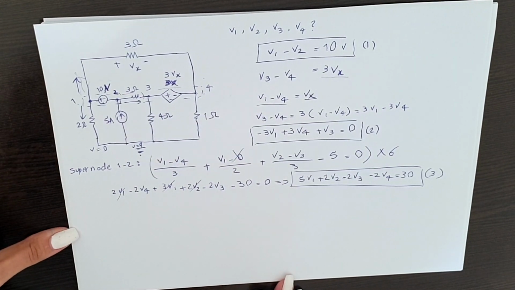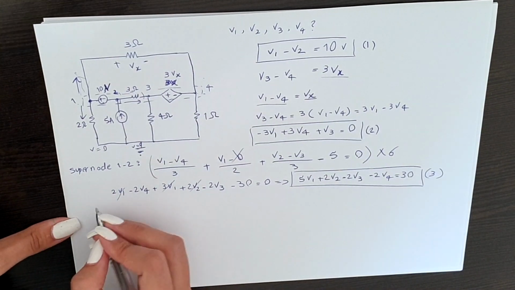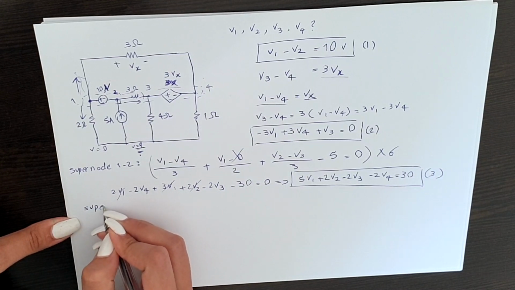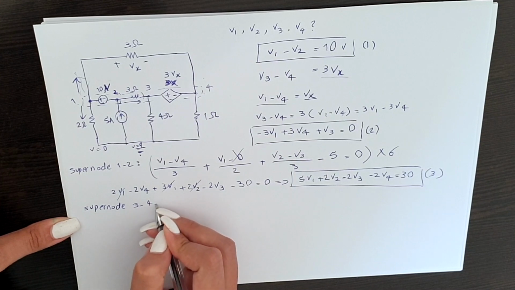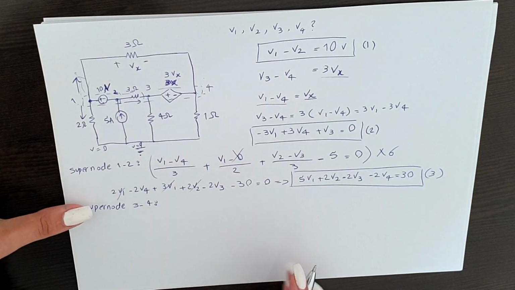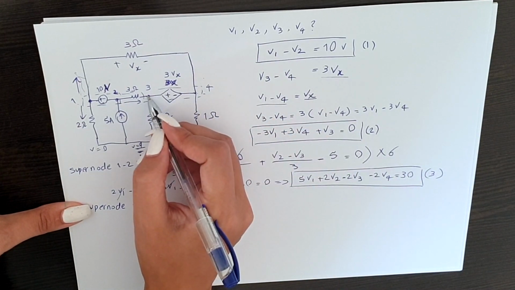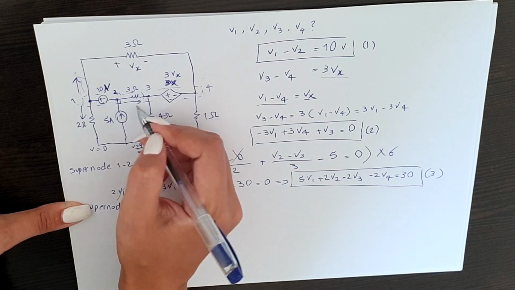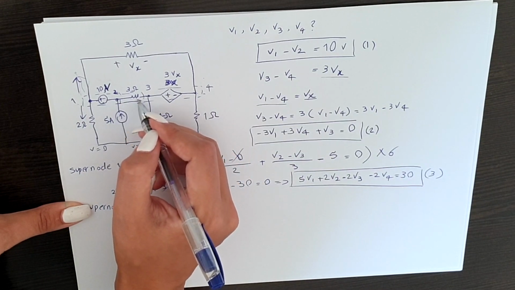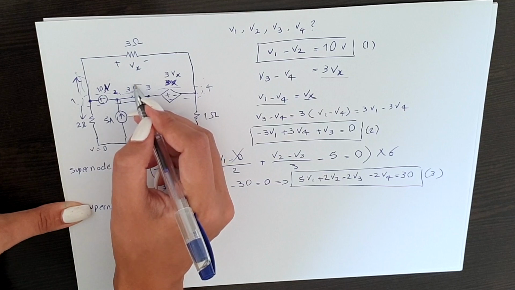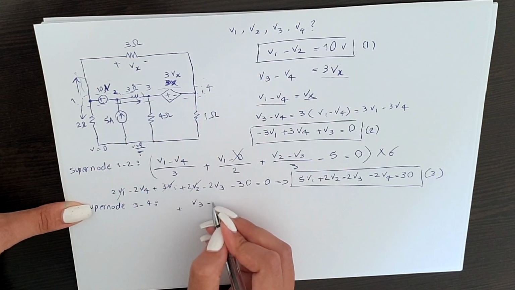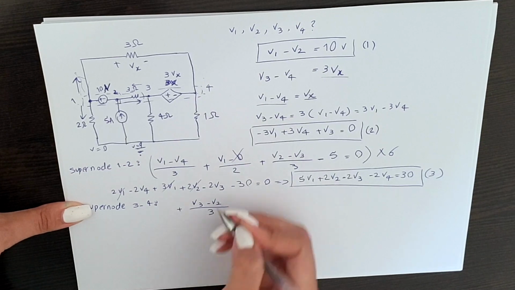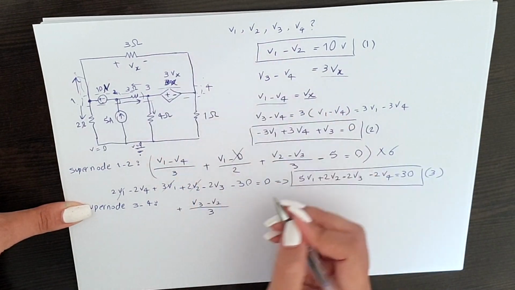And then we want the fourth equation, which we get from supernode 3, 4. We start from here. We have a current here. This time, for this node, we will consider it in this direction. For this node, we're considering in this direction. So we say plus V3 minus V2 over 3. Here again, we consider it in this direction.